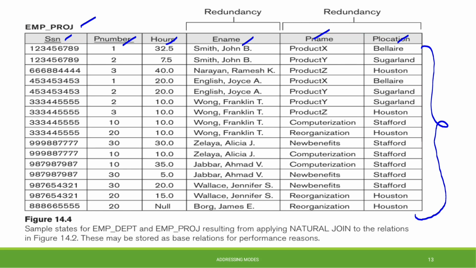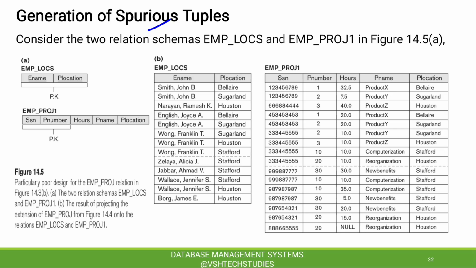Okay. Now this relation is broken into two relations. This one relation is divided into two relations. Those two relation schemas are EMP_LOCS, the attributes being E name and P location, and the second relation is EMP_PROJ1. Its relation schema is shown here: SSN, P number, hours, P name and P location.